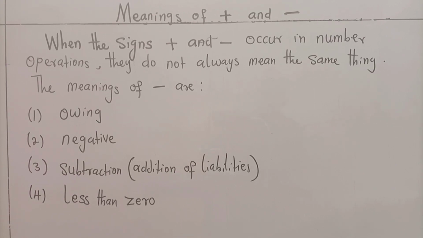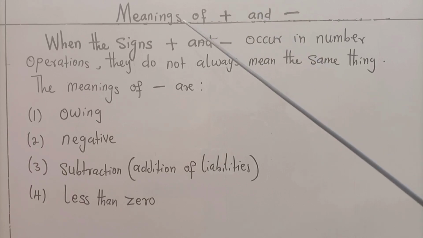You may ask, since this plus means 4 things, and this minus also means 4 things, how do we know which meaning it has, whenever we see it? Let's find out how to know which meaning to attach to the signs each time we see them. Watch.